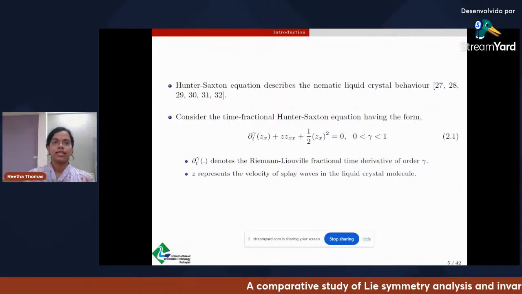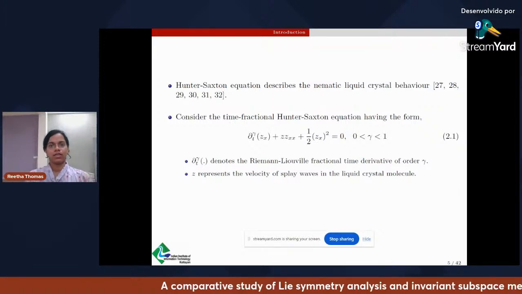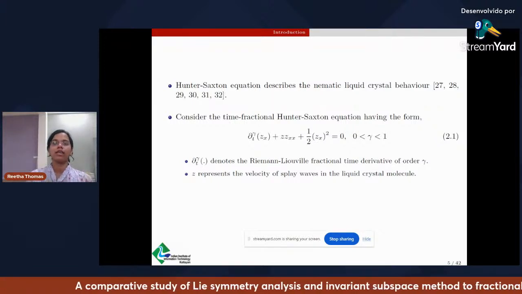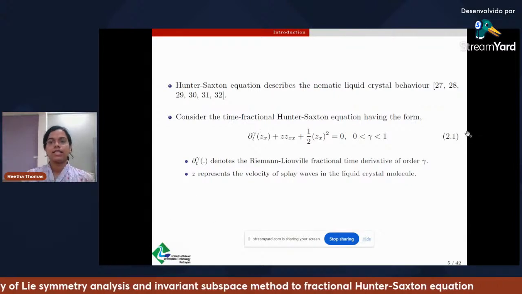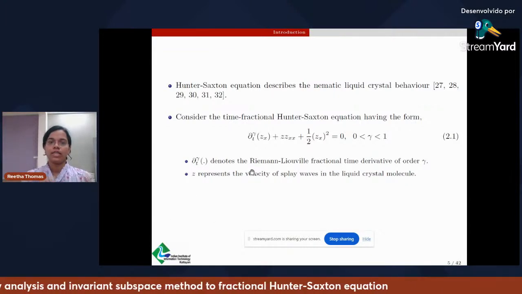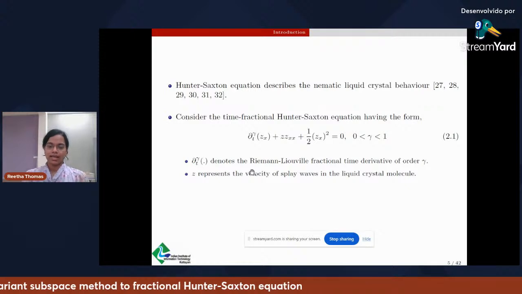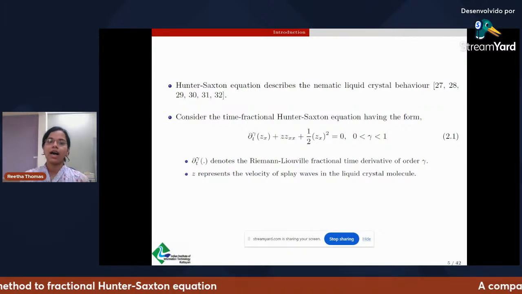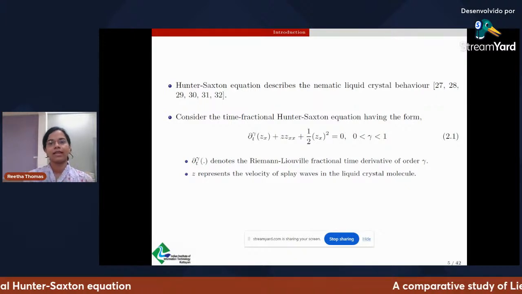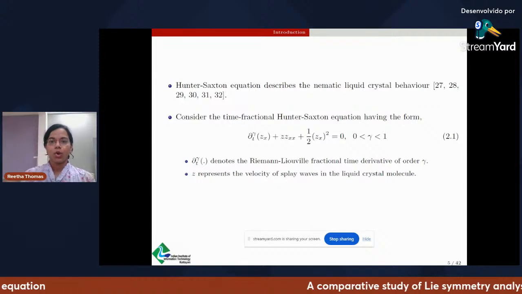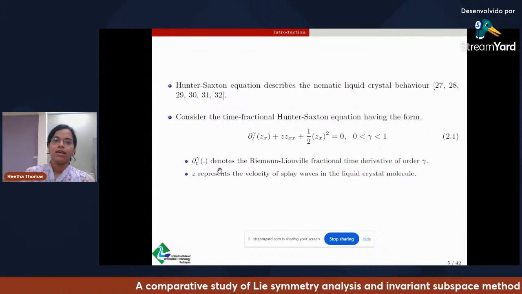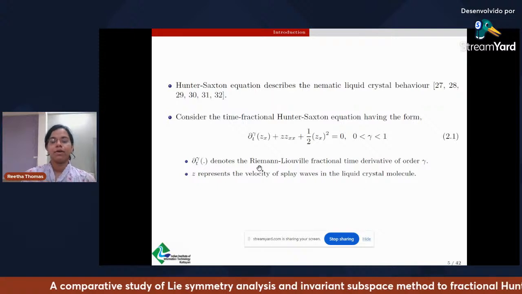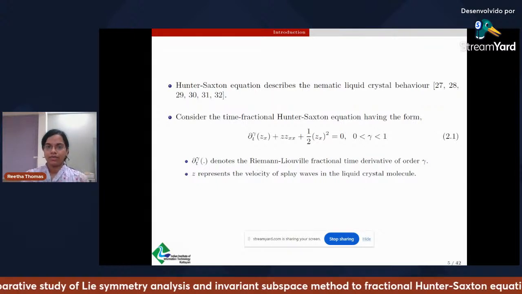Here I consider the fractional Hunter-Saxton equation, which describes the nematic liquid crystal behavior, and the equation is as in 2.1: ∂_t^γ z_x + z_xx + (1/2) z_x^2 = 0, where the order 0 < γ < 1 is the fractional order, and consider here the Riemann-Leibniz fractional derivative.